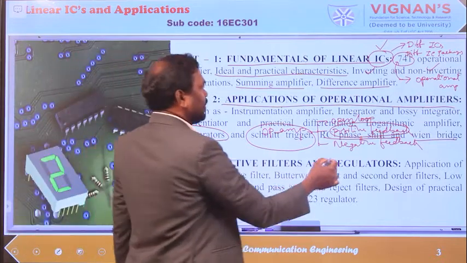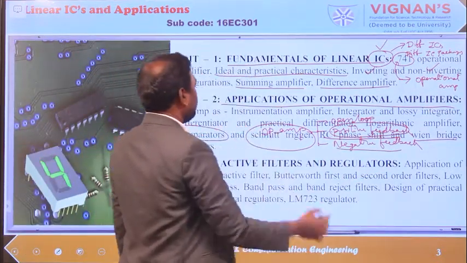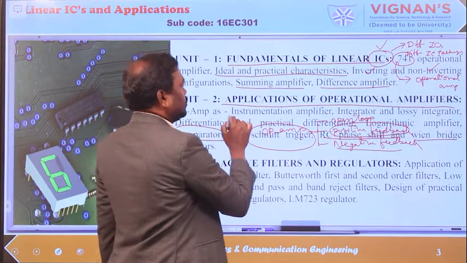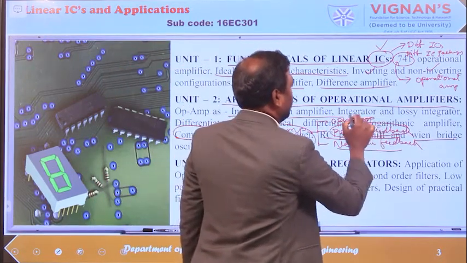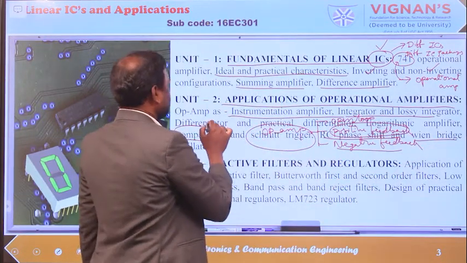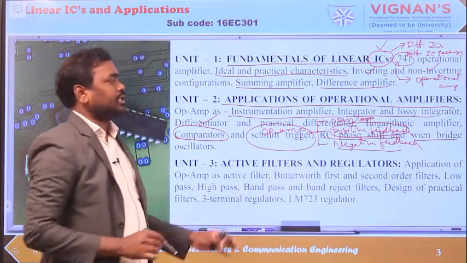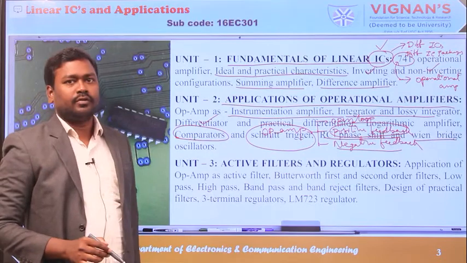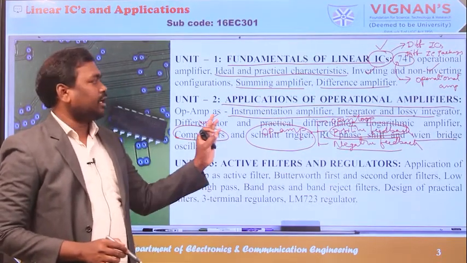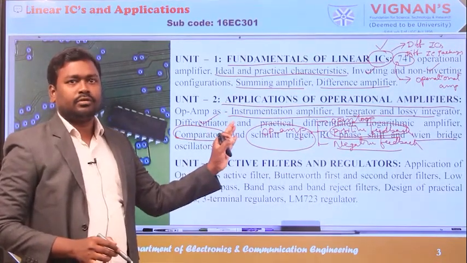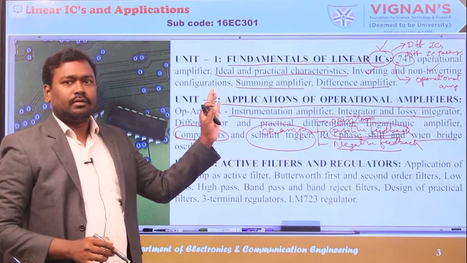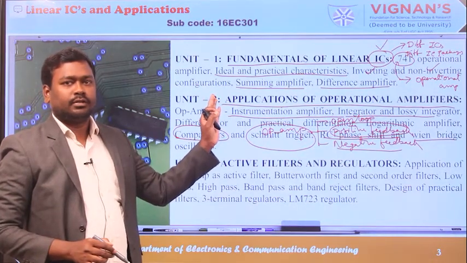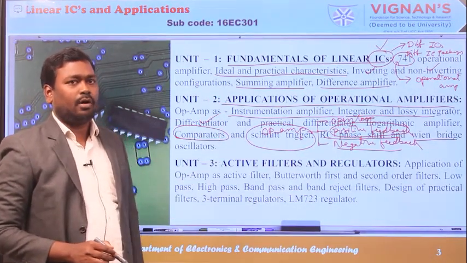In the negative feedback configuration, the applications are instrumentation amplifier, integrator and differentiator. So these are the different applications of op-amp in different configurations. The second unit is mainly about the applications of op-amp.